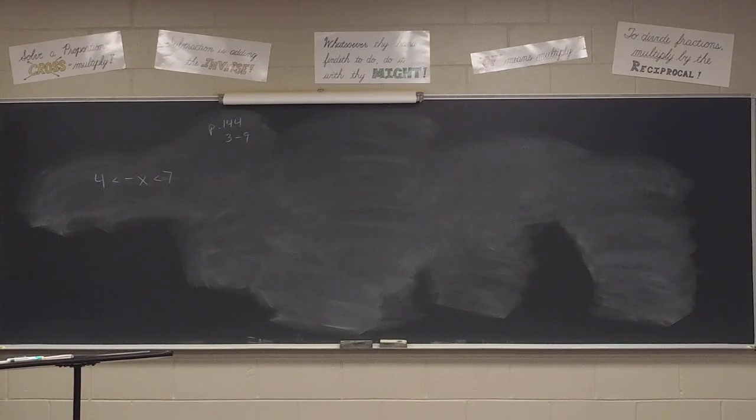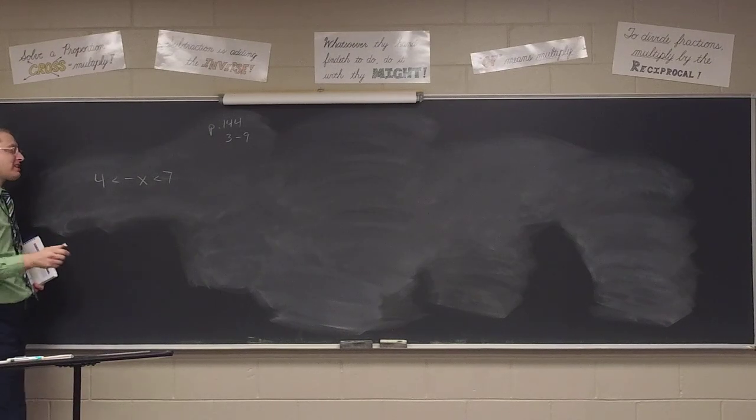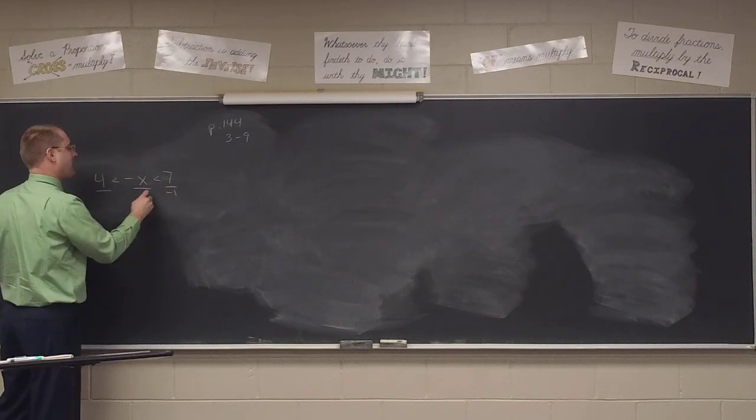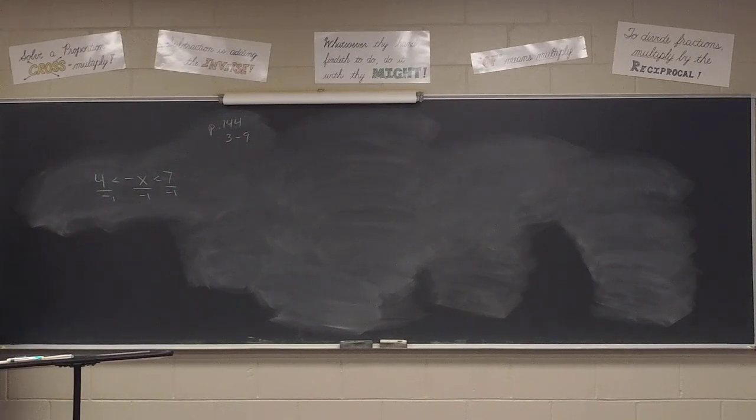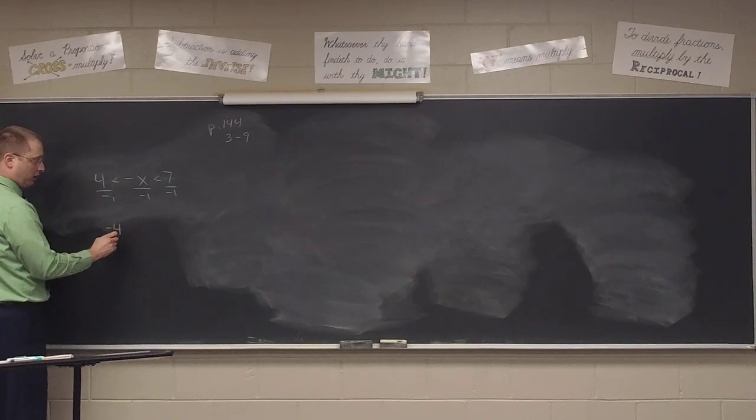Now here, very straightforward, in order to get the x by itself, the negative is the only thing that has to go, right? So I just have to divide everything by a -1, correct? Or in other words, change all the signs. When I do, my 4 becomes a -4.